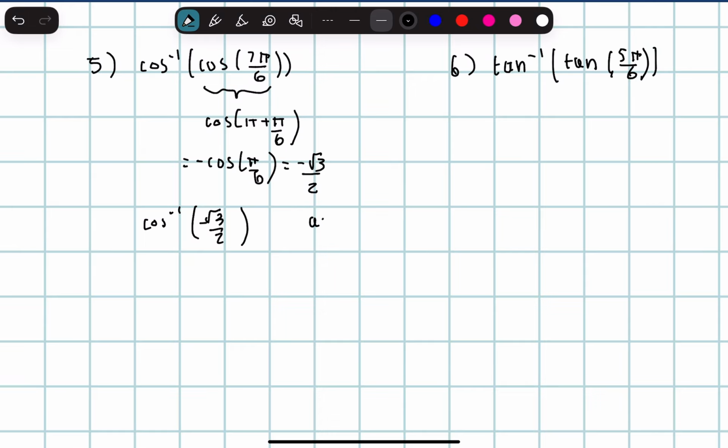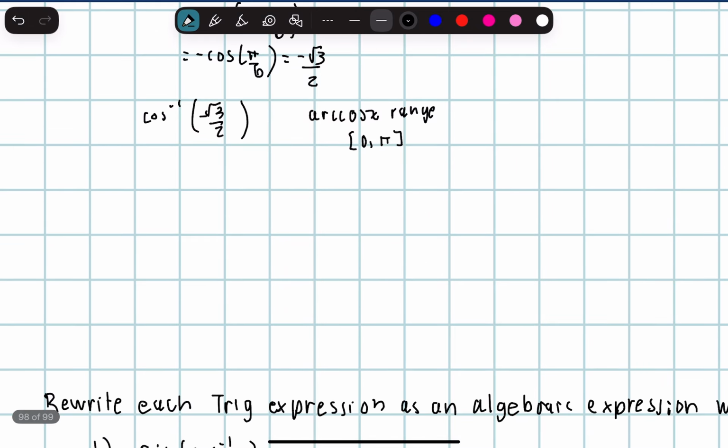And remember that the arccosine range is 0 to pi. So in 0 to pi, cosine equals negative root 3 over 2 at x equals 5 pi over 6. So this is just 5 pi over 6.